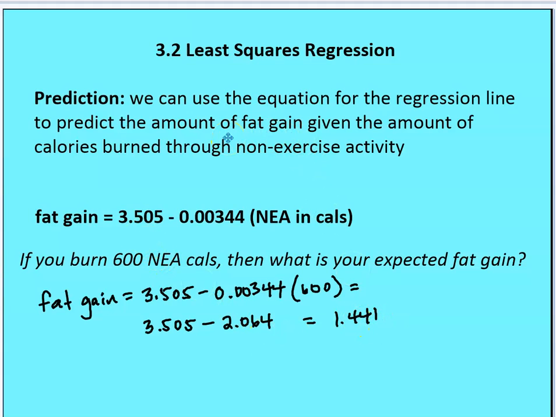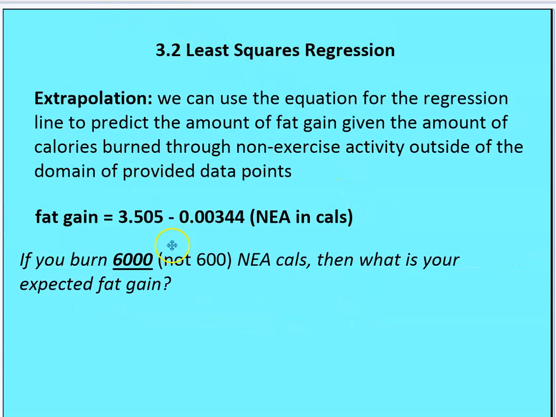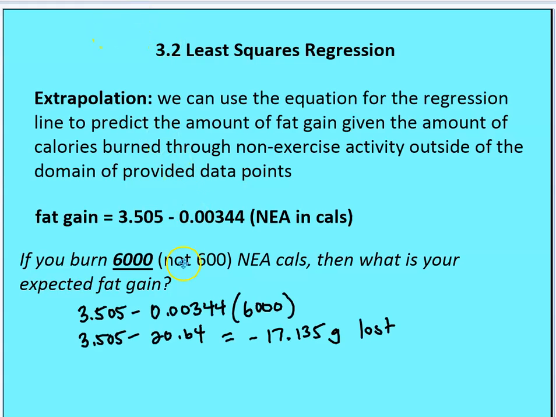Now you're going to have some fat gain regardless, unless you go past a certain number of fidgeting calories burned. So let's say we take 6,000, not 600 NEA calories, then what's our expected fat gain? If that's the case, we end up losing weight.